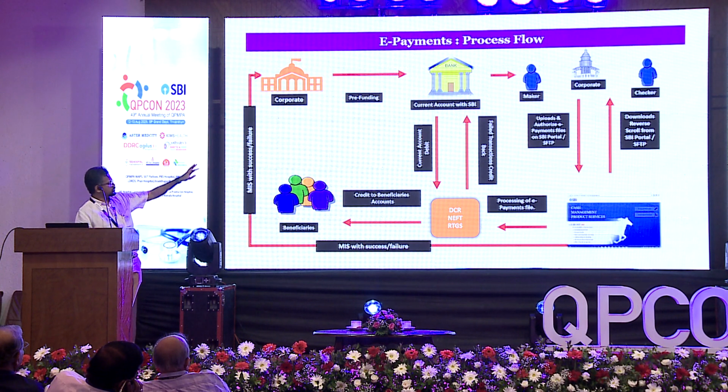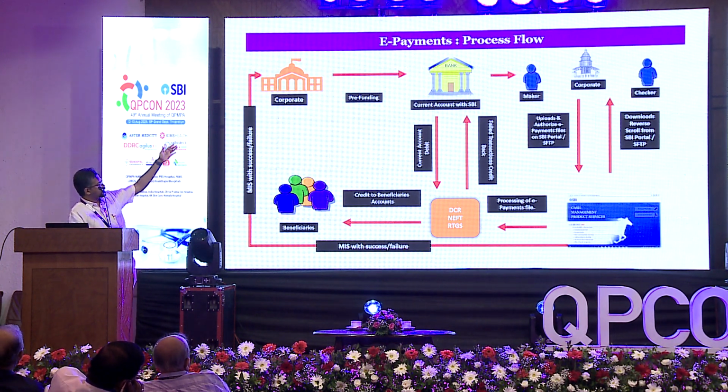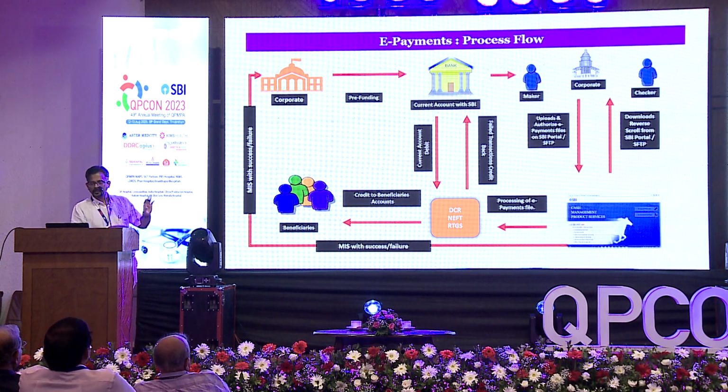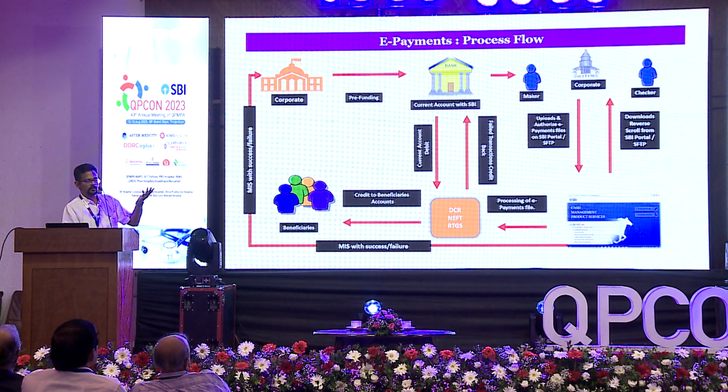And this is the process flow of the e-payments. The corporate is pre-funding the SBI current account, and in the corporate there will be a maker and checker. As I said earlier, this can be integrated with your ERP or SAP, so that the maker enters the transaction in your system, and it goes into the SBI server, where the checker authorizes the transaction.